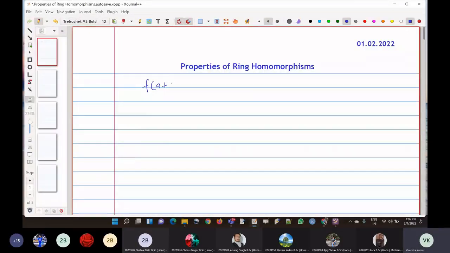That is the preservation of structure: if f is a mapping from a ring to another ring, then f(a + b) should equal f(a) + f(b), and another thing we need to verify is that f(ab) equals f(a) times f(b). So these two things need to be verified. Also, we have seen several examples in ring homomorphism.